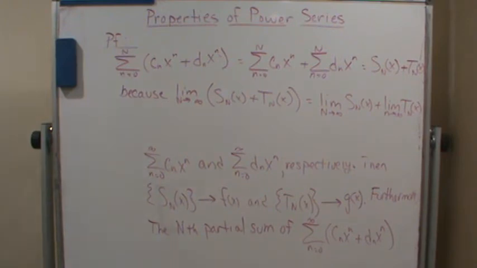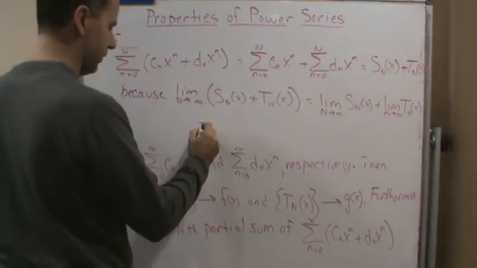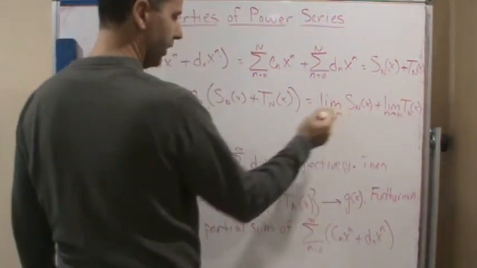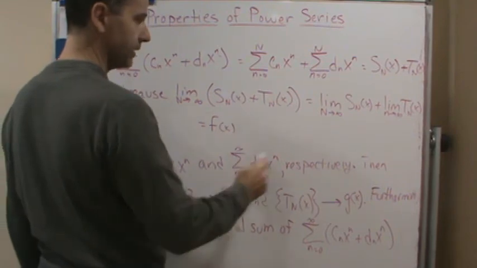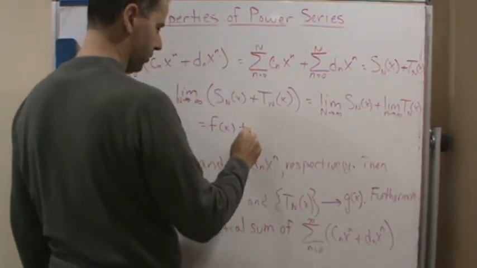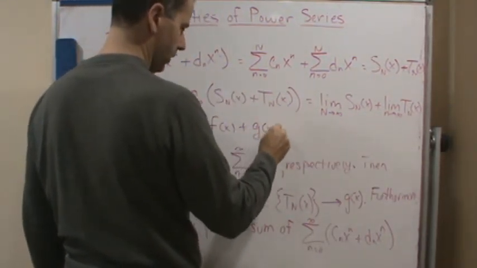Which is equal to, well, this converges to f of x, and this converges to g of x.